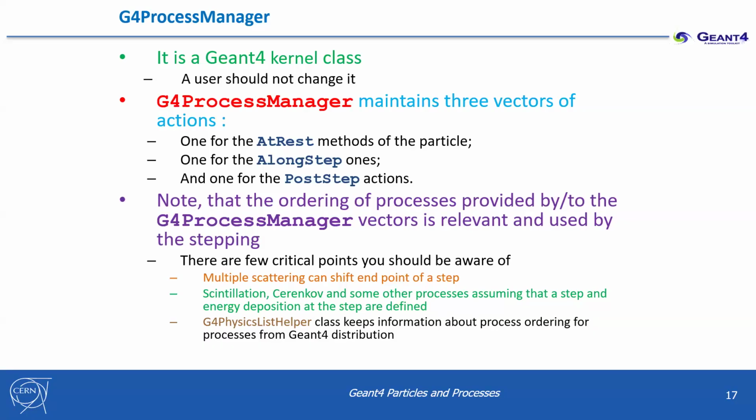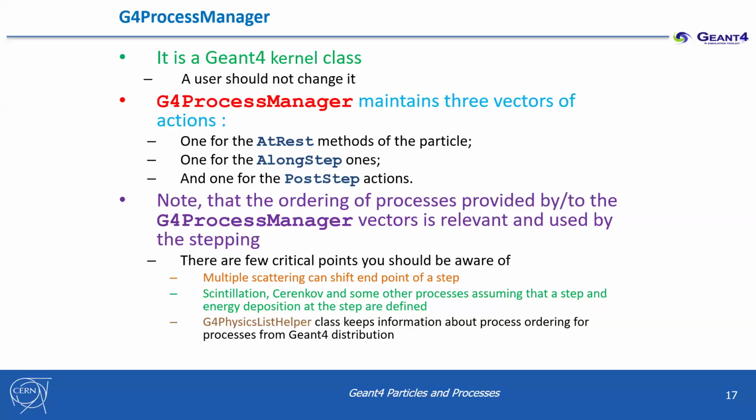And this somehow should collaborate with the transportation process, because due to multiple scattering, for example, you may never pass a geometry boundary. You need to avoid this.